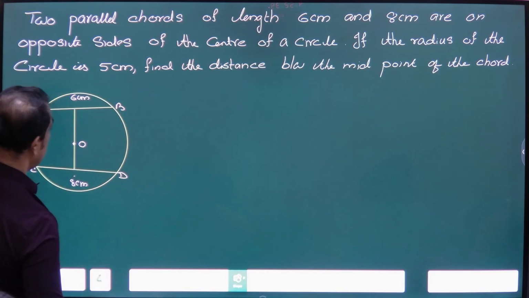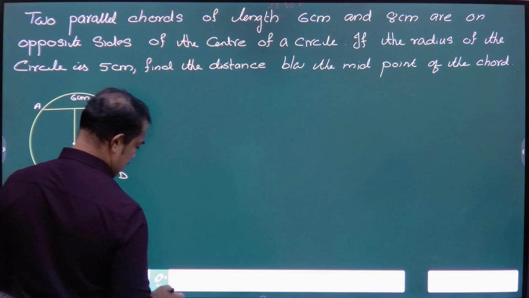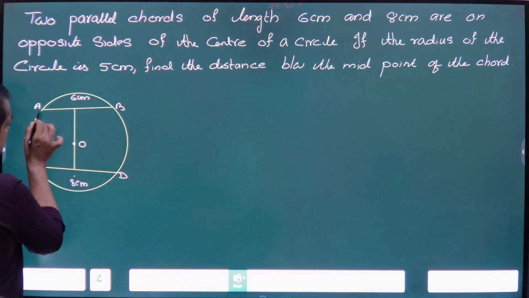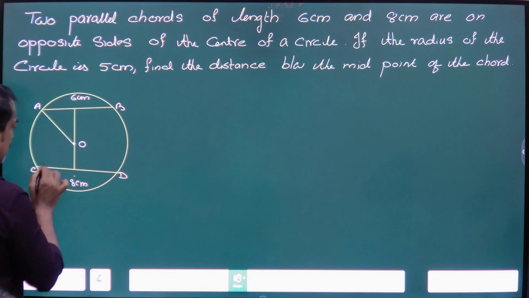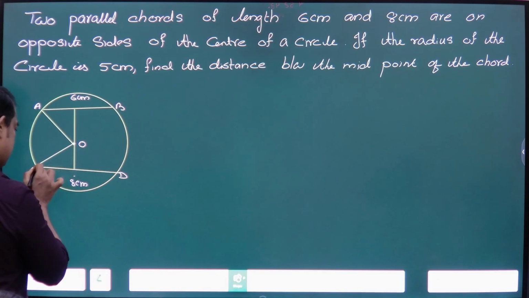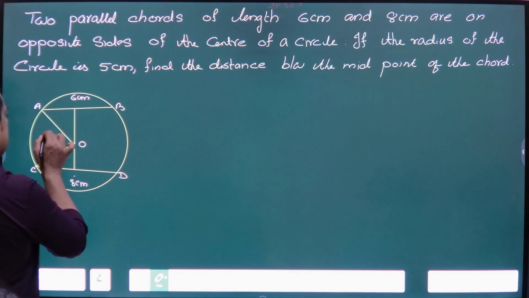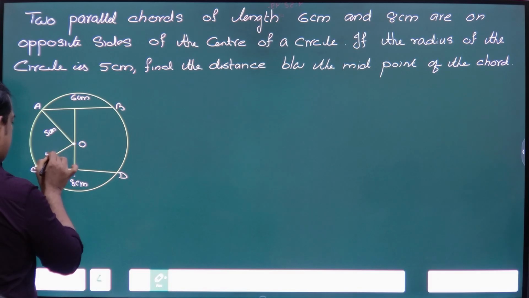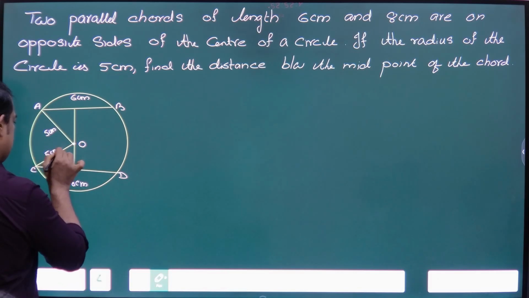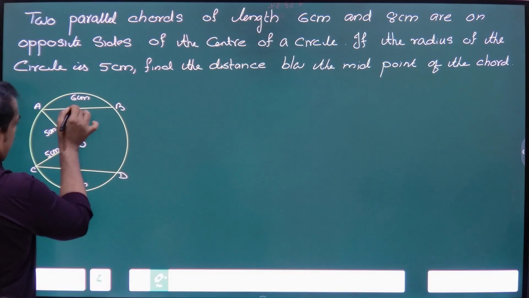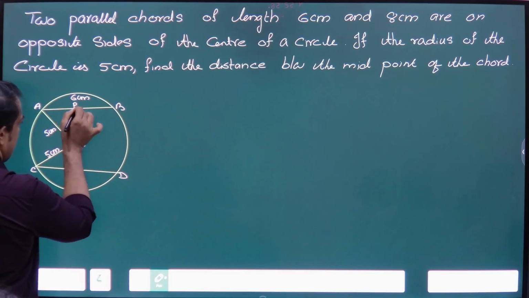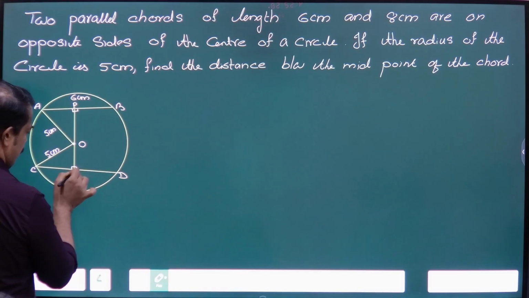The radius of the circle is given as 5 centimeter. This is also a radius, so this is 5 centimeter. It is also 5 centimeter. P, Q.